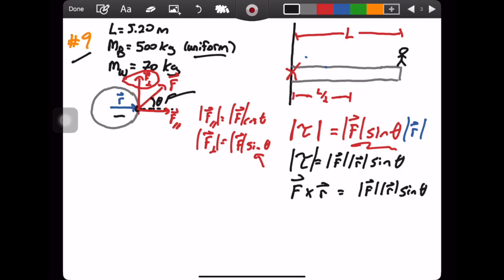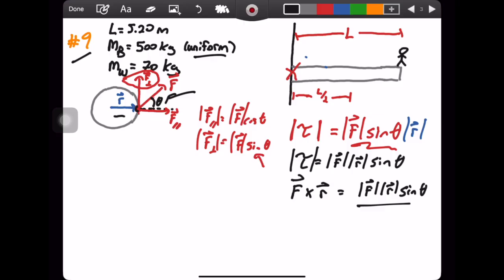You don't have to worry about it for this problem, but if you do a cross product of two vectors, the result is a third vector that's perpendicular to the two vectors you crossed. So the cross product here would have this magnitude, but it would have a direction that's perpendicular to both the force and the position vector. As this problem is set up, it would either go out of the page or into the page.